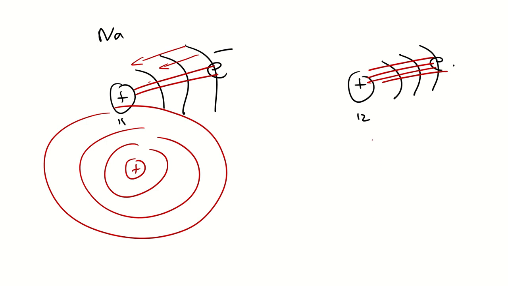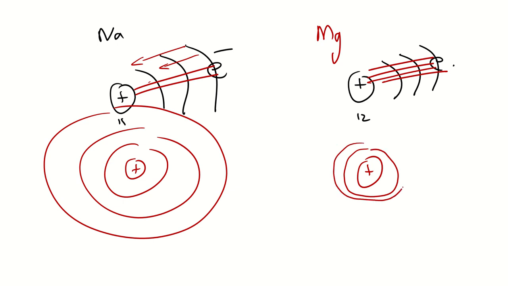So if I think of magnesium over here, magnesium has more protons in the nucleus, but it has the same number of shells as my sodium, so they've both got 3 shells, but because magnesium has more protons in the nucleus, they pull those shells into a smaller volume of space. Now, what does that mean?